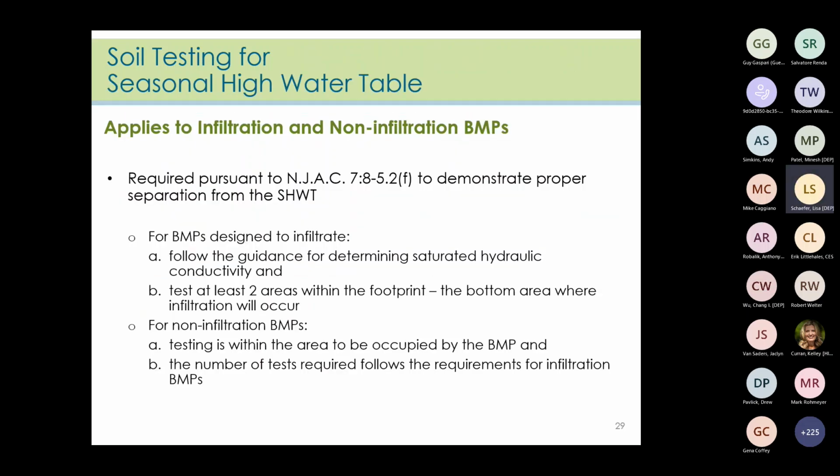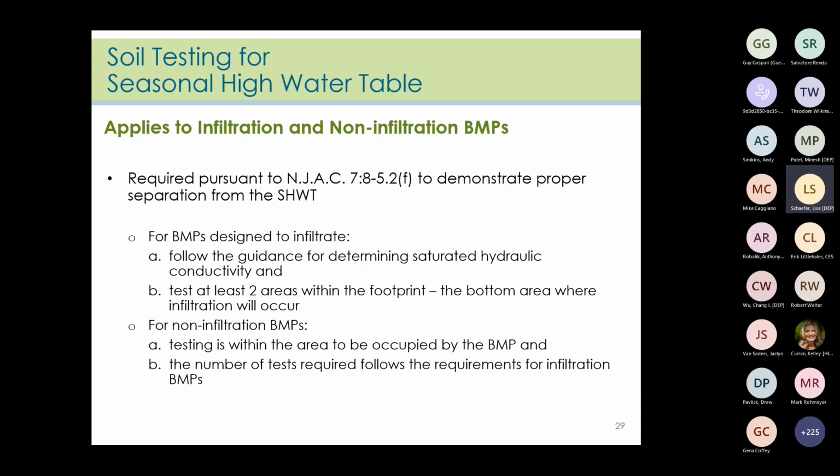All right, so next is soil testing to determine the seasonal high water table, which obviously we abbreviate a lot in our text as SHWT. So pursuant, well, you're going to see some stuff in Table 5.1 in the rules where testing is not applicable to BMPs such as blue and green roofs, because they're constructed as above grade BMPs.